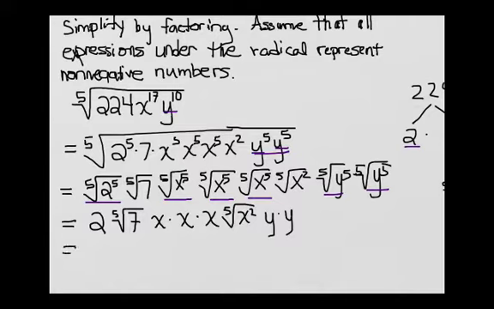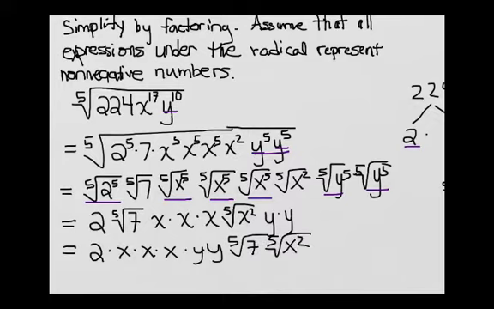So now we'll reorganize these so that we have the factors that don't involve a radical in the front, and the factors that do involve a radical are going to be at the end.